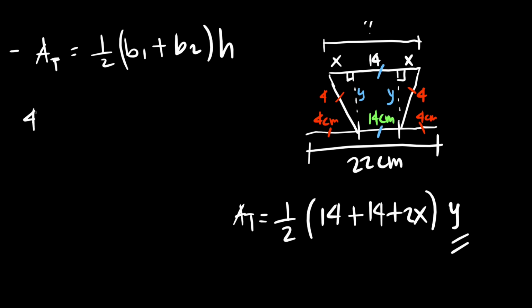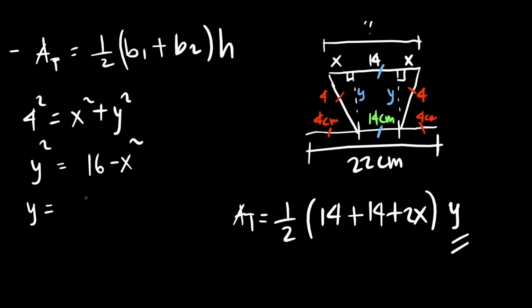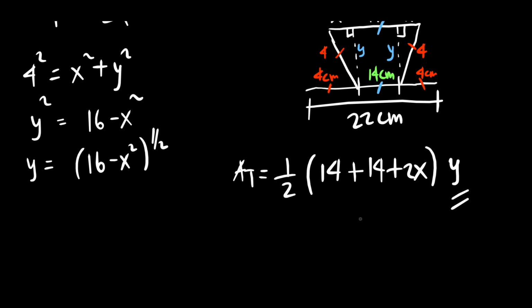Let's say this is 4 squared is equal to x squared plus y squared. So y squared is equal to 16 minus x squared. So y is equal to 16 minus x squared raised to the power of 1 half. So we will substitute the value of y here.